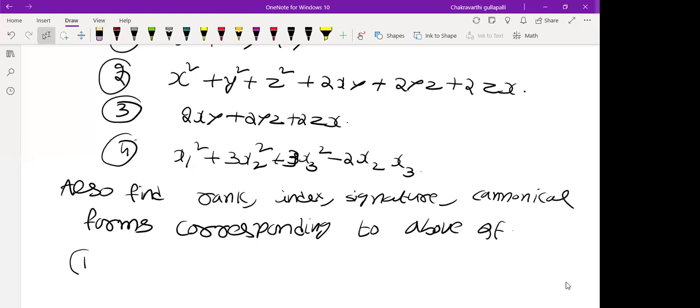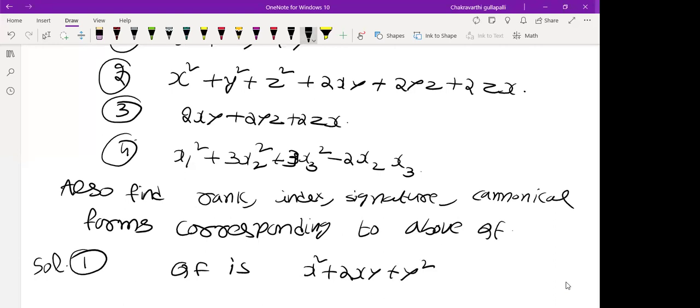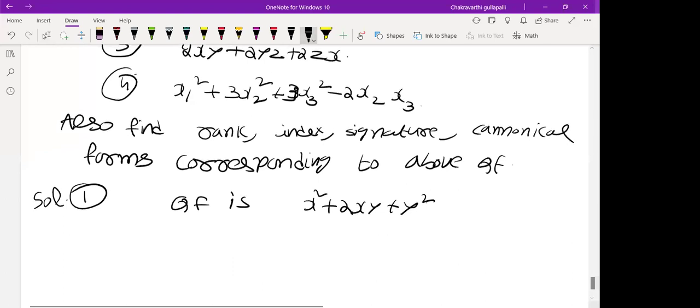First one. What is the quadratic form that is given? x square plus 2xy plus y square. This is your Q of x, y. First, we have to find the matrix of the quadratic form.